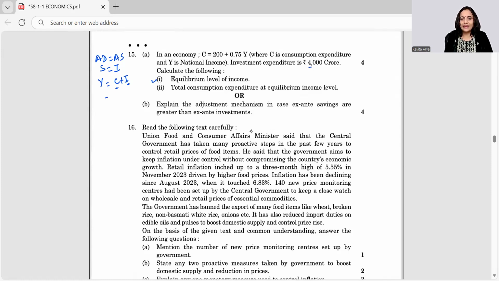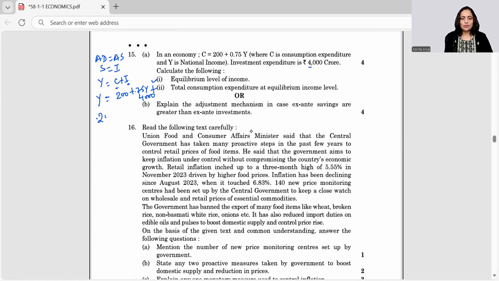So here as C is given to us and I is given to us and Y is ours. So we'll put the values here in this very question, that Y is equal to 200 plus 0.75Y plus 4,000. What am I left with? 0.75Y goes this side.